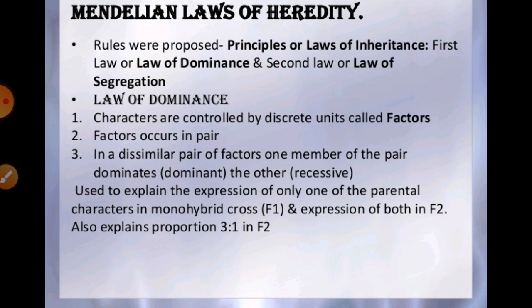Generally in such conditions the phenotypic ratio is always equal, means all are dominant characters. But in a monohybrid cross, F1 and the expression of both in F2 will explain the proportion of 3:1 in the F2 generation, while we get the genotypic ratio in that condition.